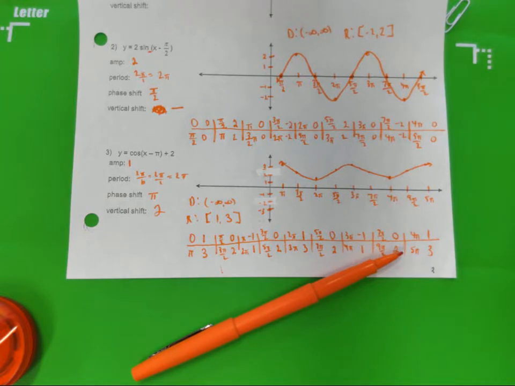The line that runs through those home base points is known as the midline. It's the line that runs through the middle of the graph, like right here. You're not going to have to know that, but if you ever hear that term, that's the midline.